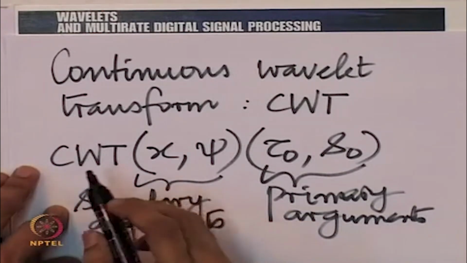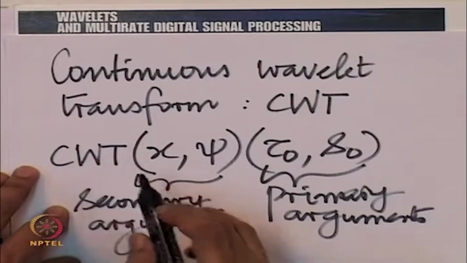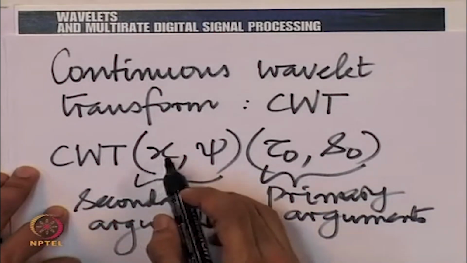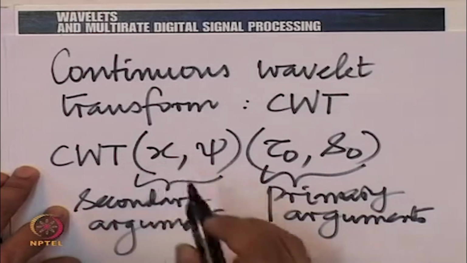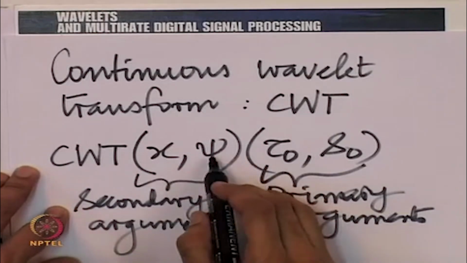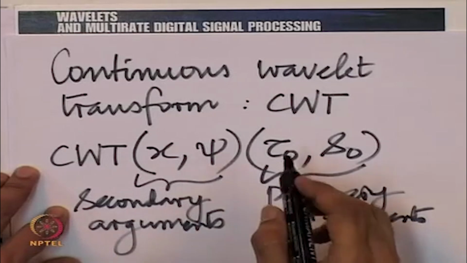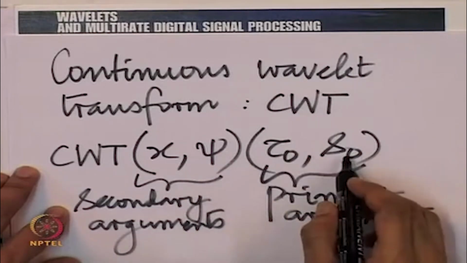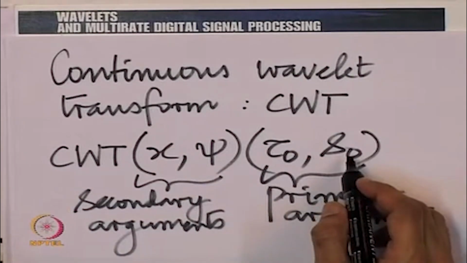And this reads as the continuous wavelet transform of the function x, which presumably belongs to L2(R), with respect to the wavelet psi evaluated at the translation tau naught and the scale S naught.